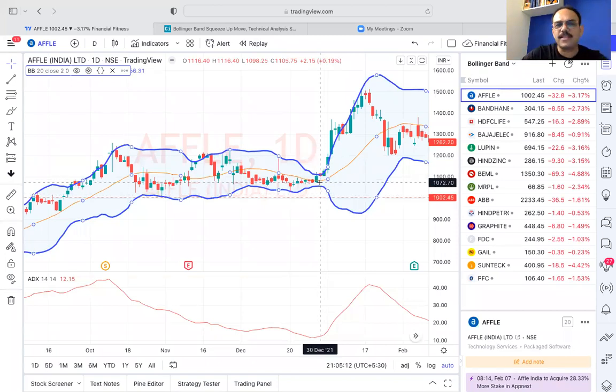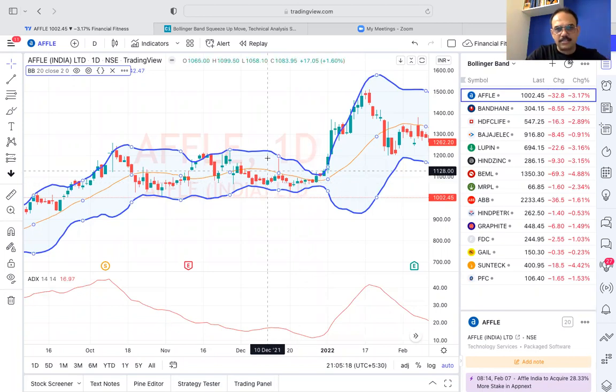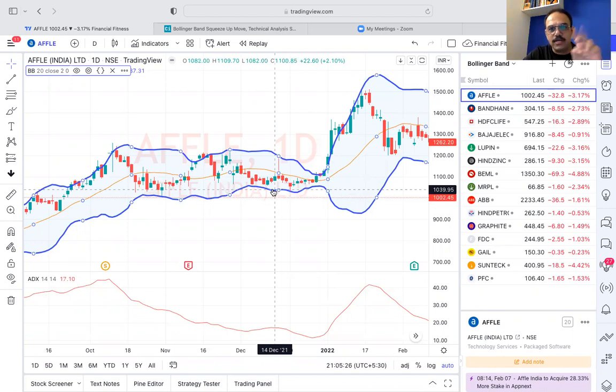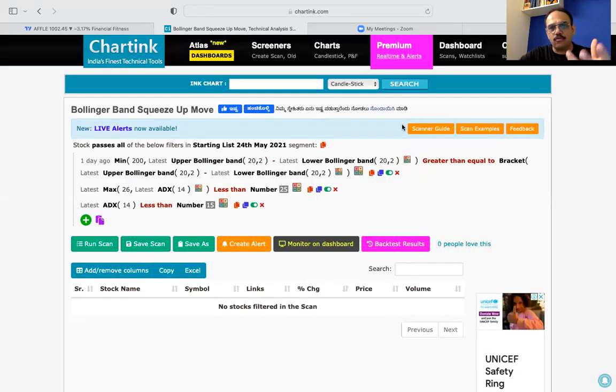Now we are looking for a squeeze. How do we measure that squeeze? We measure that the distance between the upper band and lower band is minimum in the last 200 days. I have told you about the Chartink website.